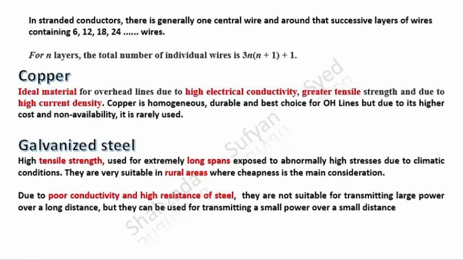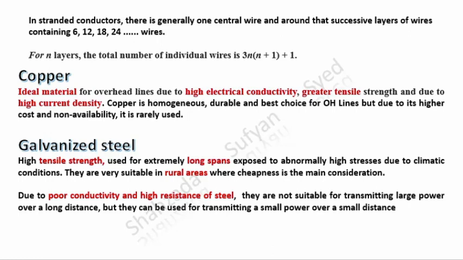Copper is a homogeneous material. It is durable and the best choice for overhead lines, but due to its higher cost and non-availability, it is rarely used.